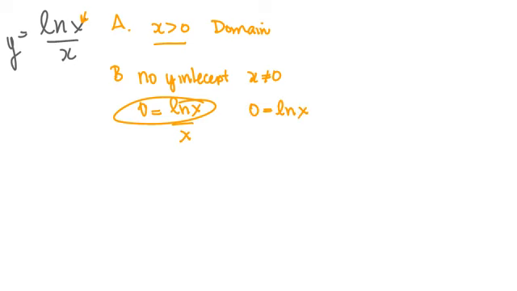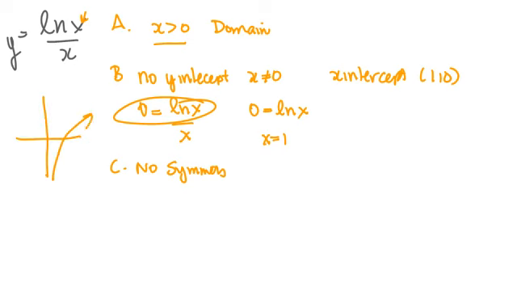So 0 equals log x, and that means x equals 1. So there is an x-intercept at (1, 0). There is no symmetry, because the log graph, which looks like this, is not a symmetrical graph, and it's not periodic either.